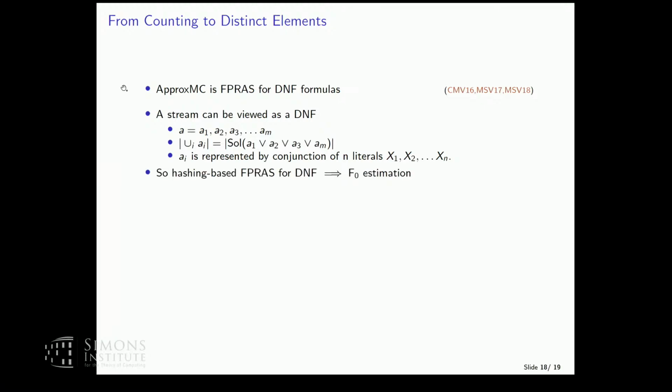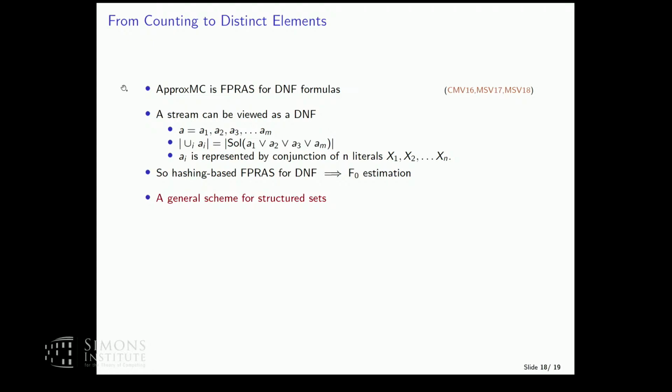In fact, the moment we make this observation, then in case of streaming, there was a lot of work on structured sets, where essentially you don't just get an element, but you get a set of elements like an interval. There are fairly complicated techniques, a lot of involved technical work that was done.